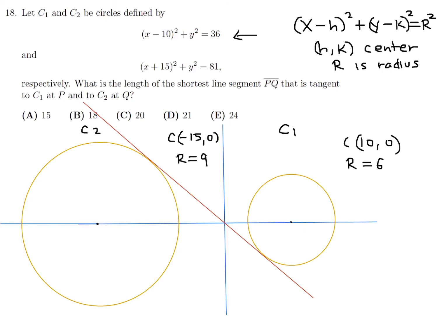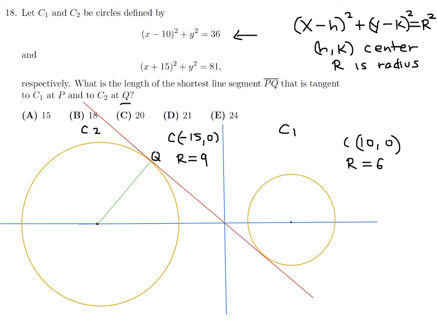Okay? So the first thing I have to do is draw some lines to represent the radius of this circle. So I'll draw a line from the center to the tangent point right there. And that tangent point, they tell you in the question for C2, is Q. So that's Q right there.